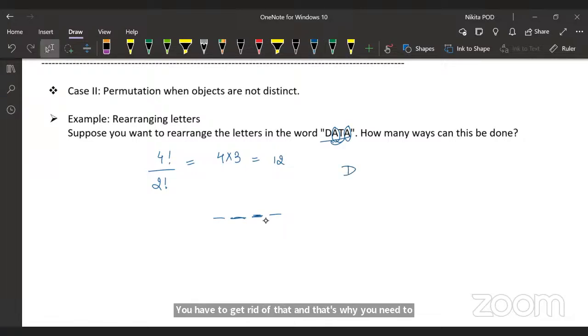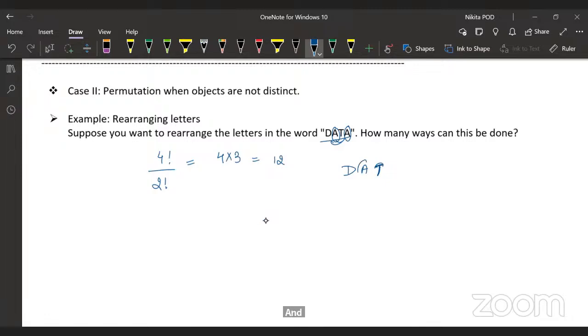You have just D, A, T, these 3 letters, and A is occurring twice. There are 4 letters here, so 4 factorial by 2 factorial, since A is appearing twice.